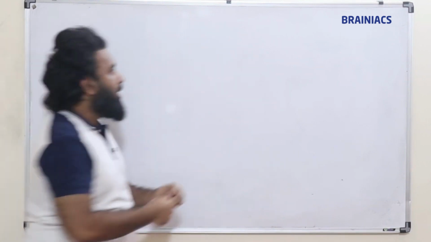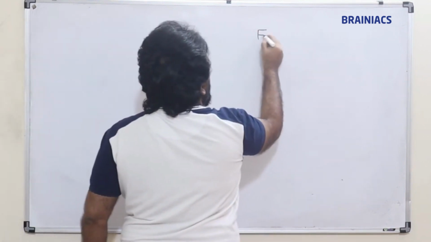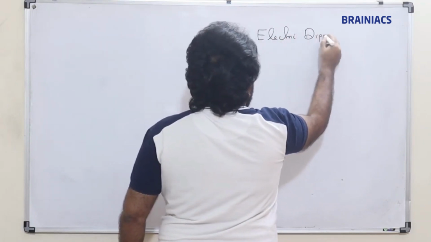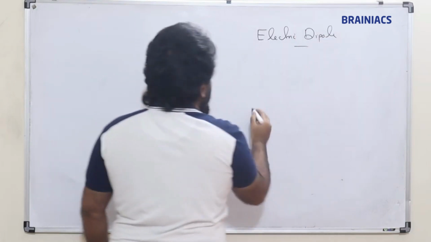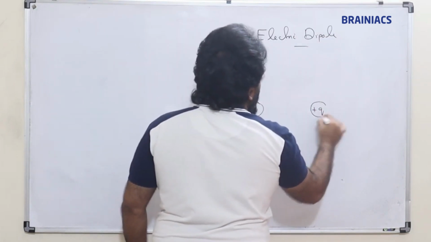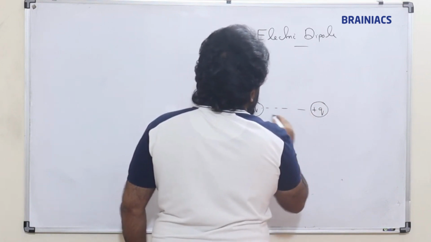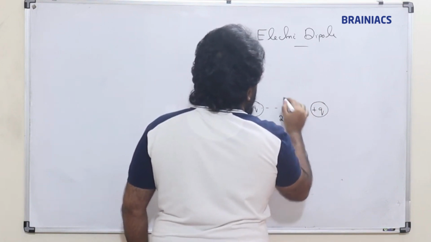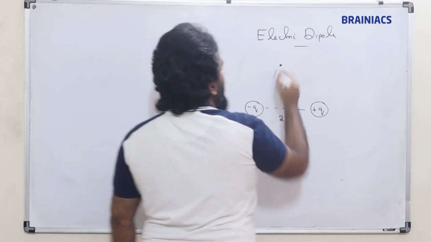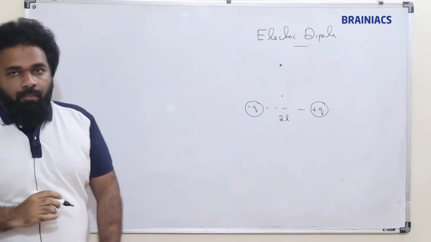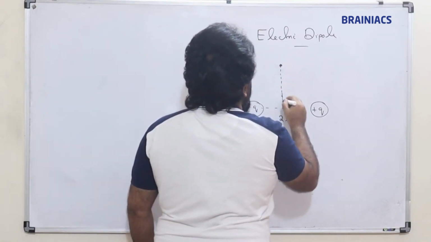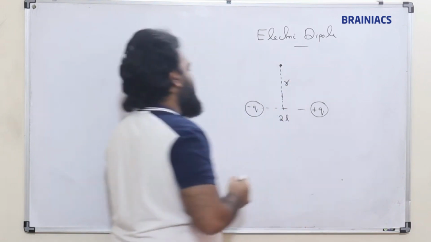Now for electric dipole, minus q, plus q, 2L, and suppose if we consider a point on the equatorial line, this distance is r.